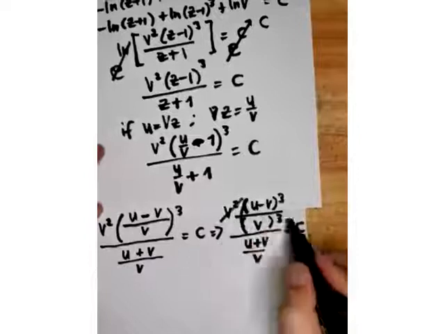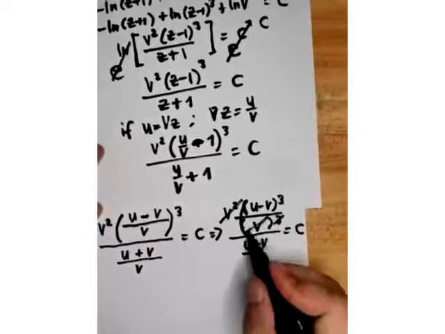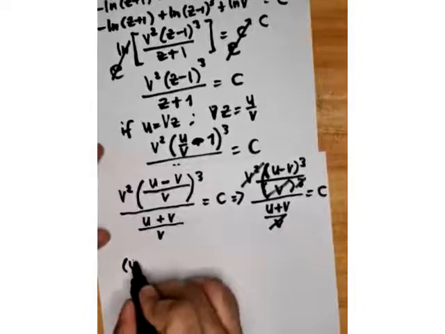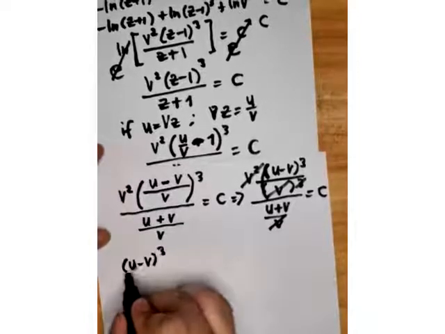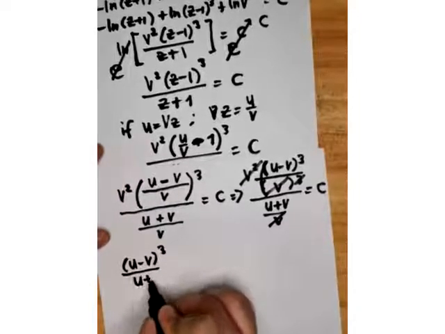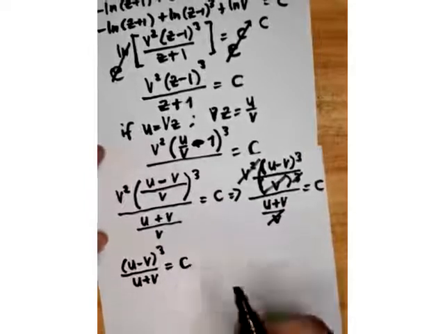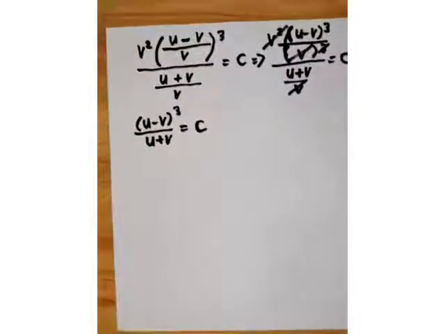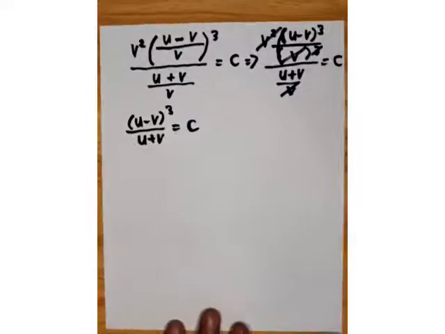So cancel dito, then cancel din ito. So matitira ay u minus v cube over u plus v is equal to c. Okay? Next.